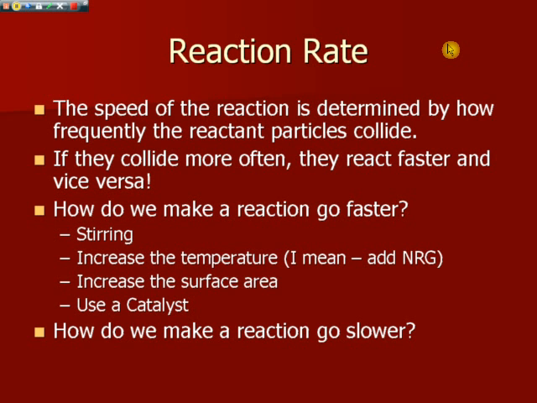Now, we can make a reaction go slower in a number of different ways. We can stop stirring it. We can cool it down so the particles slow down. We can decrease the surface area. And the opposite of a catalyst is an inhibitor. Inhibitors are things that prevent a reaction from happening. We talked about proteins as catalysts.